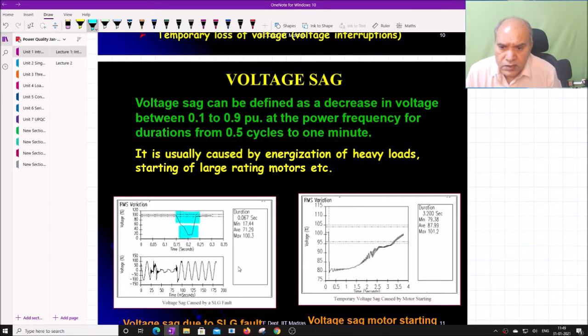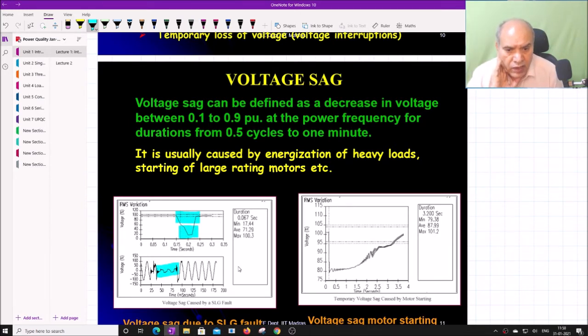This is the period, and this is shown also in the time waveform from here to here. The percentage change is 20%. The reduction in voltage is almost 20% of the available voltage, and then slowly it rises to its normal value after a few cycles.